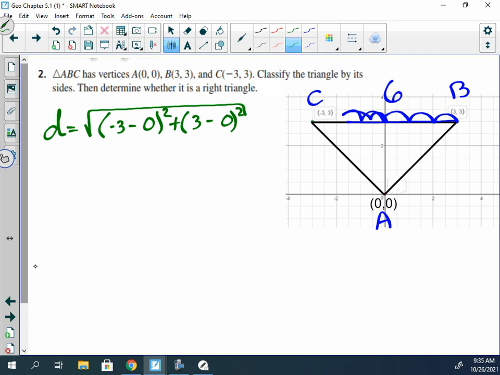Well, at this point, we could plug the whole thing into the calculator and get our answer. Or if we did it by hand, negative 3 minus 0 is just negative 3 squared. 3 minus 0 is just 3. Now, negative 3 squared would be positive 9, plus 3 squared is still 9.